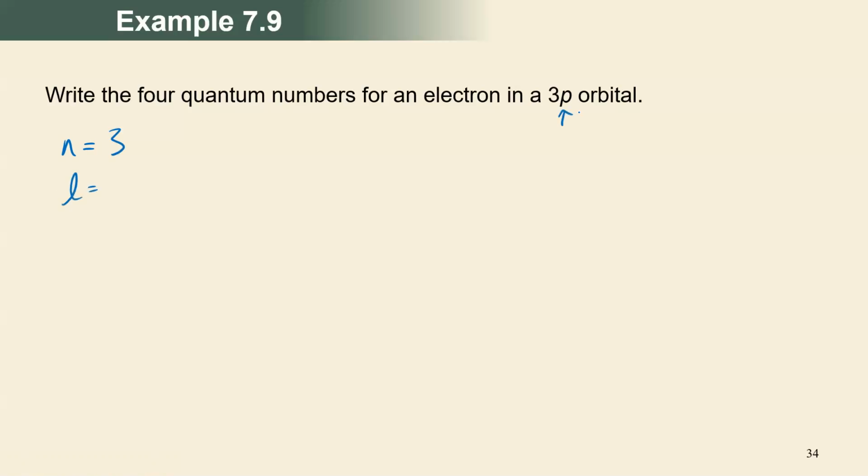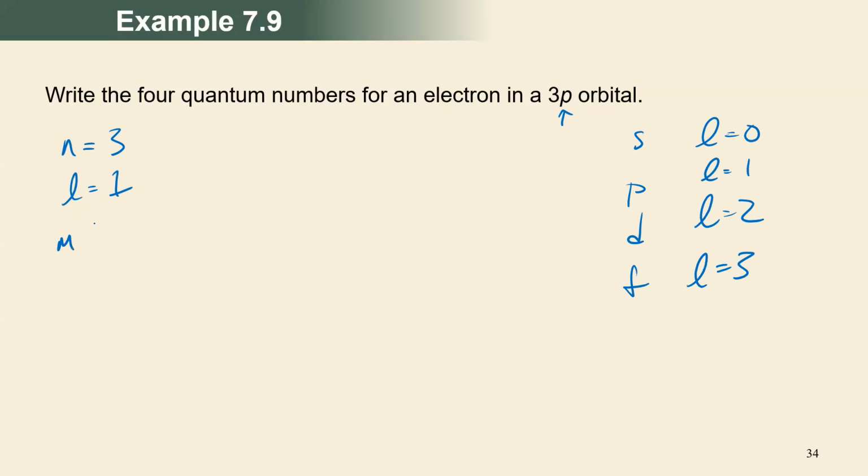So if it's a p orbital, 1. Remember that each letter corresponds to a different value of L. S is L equals 0, P is L equals 1, D is L equals 2, and F is L equals 3. So that's one of those things where you just have to know which letter corresponds to which value for L.